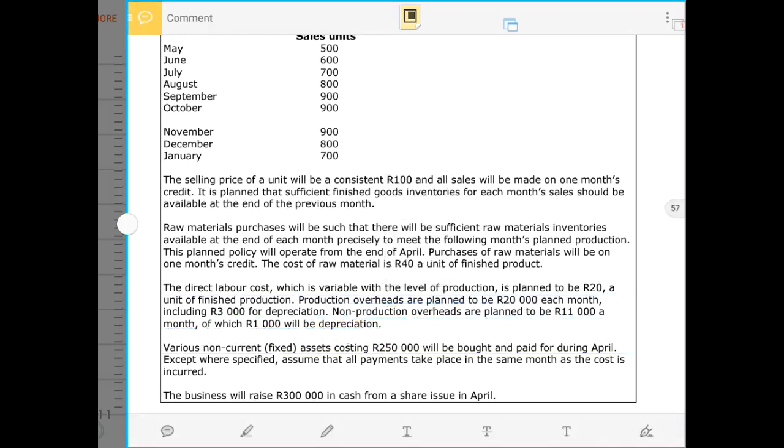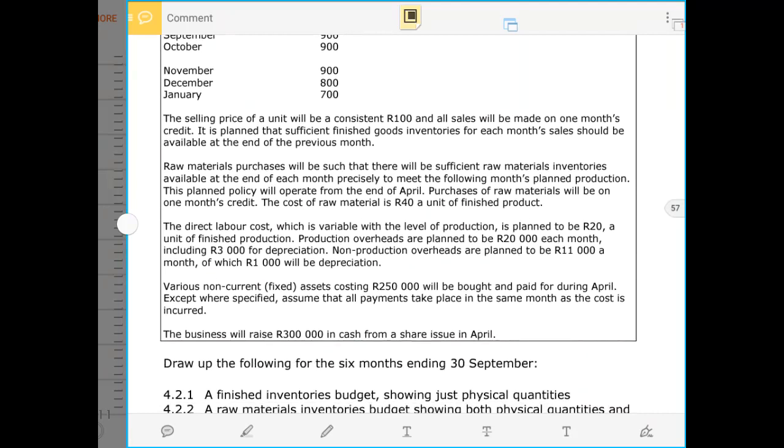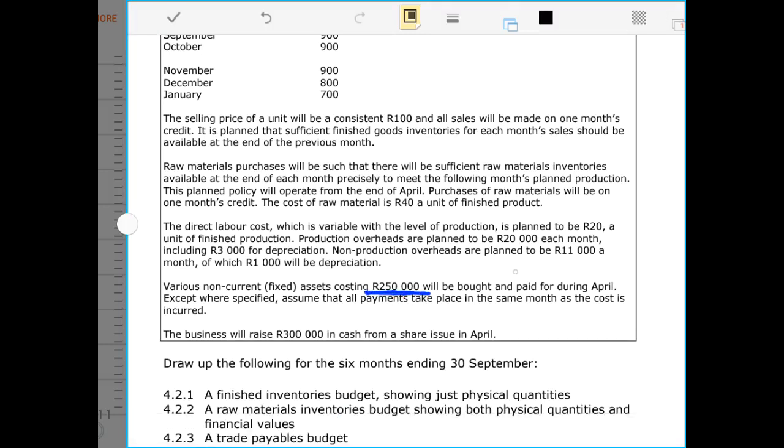Then after it says various non-current assets, which were the fixed assets costing 250,000 rands, will be bought. So now this is 250,000 rands that is expected to flow out of the business during the month of April. And they say, except where specified, assume that all payments take place in the same month as the cost is incurred.